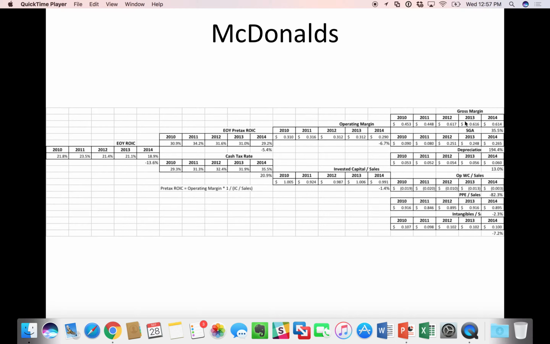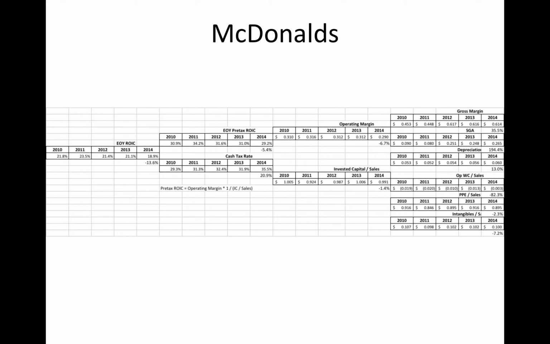So all 3 of those are listed as a percentage of sales or a percentage of a dollar. Okay? Now, gross margin minus SG&A minus depreciation equals operating margin. Okay? So those 3 things determine your operating margin.